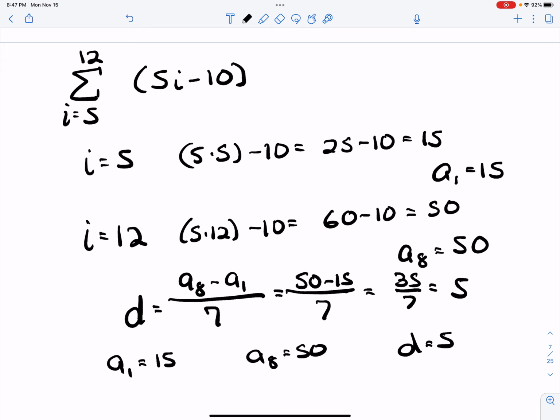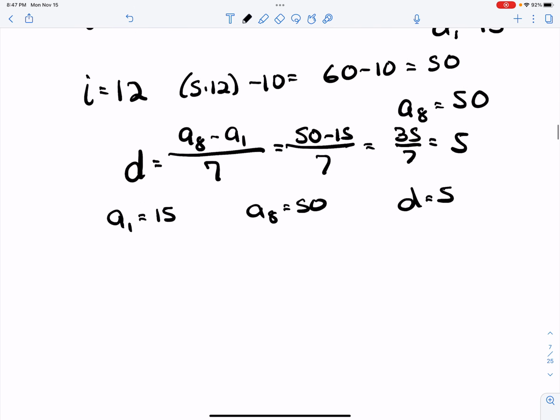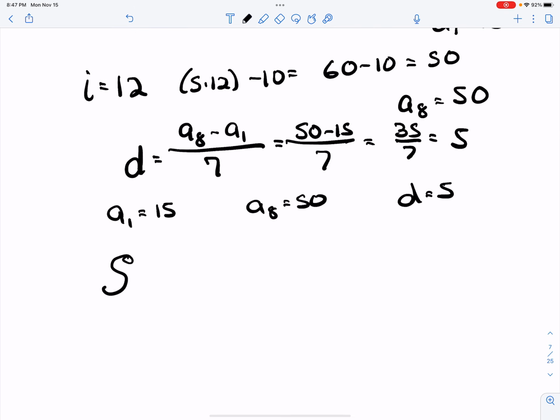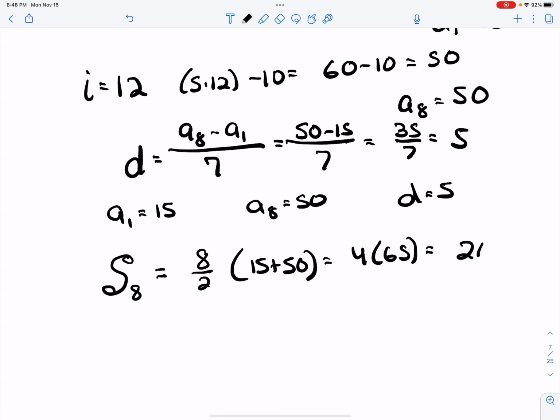And we're all set to use our summation formula. So the summation of these 8 terms, we have 8 over 2, times 15 plus 50. So 4 times 65. That'll give us 260.